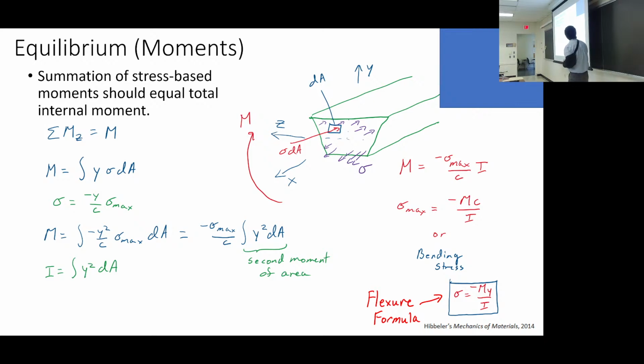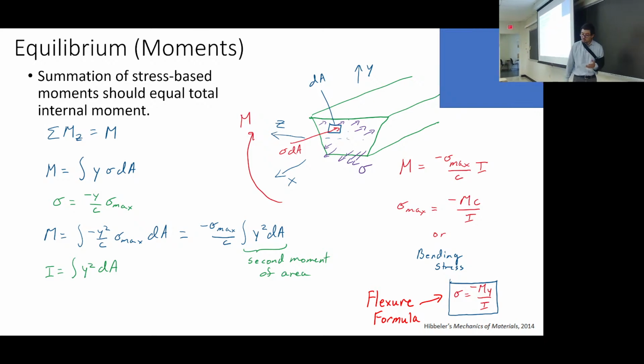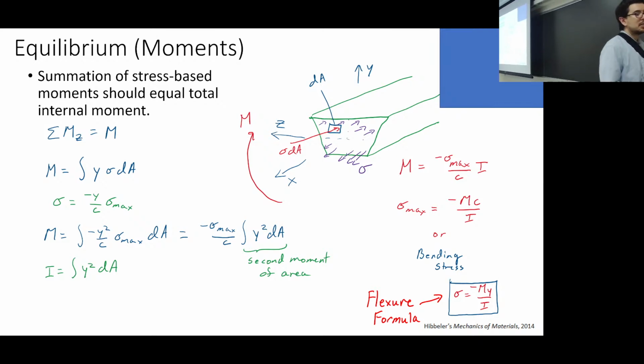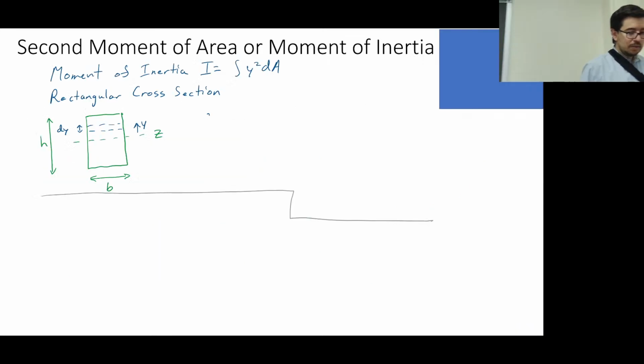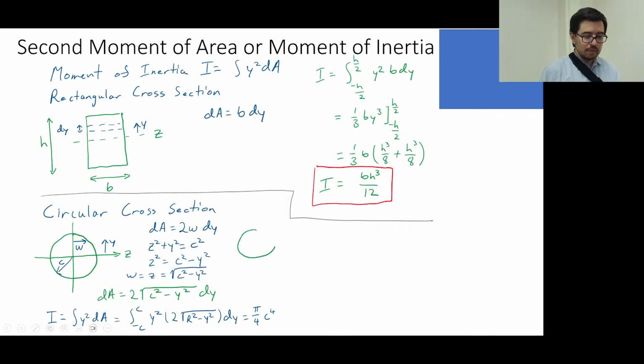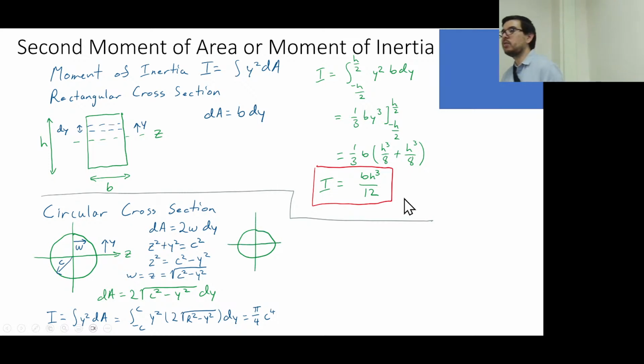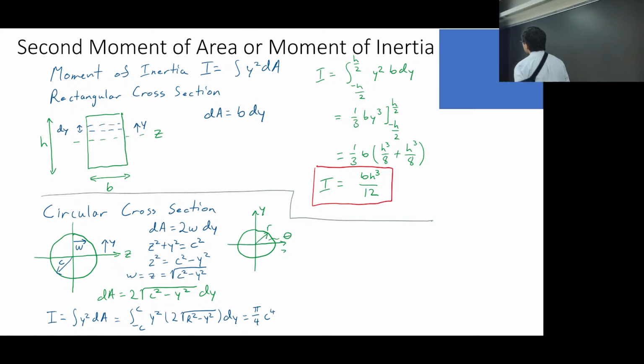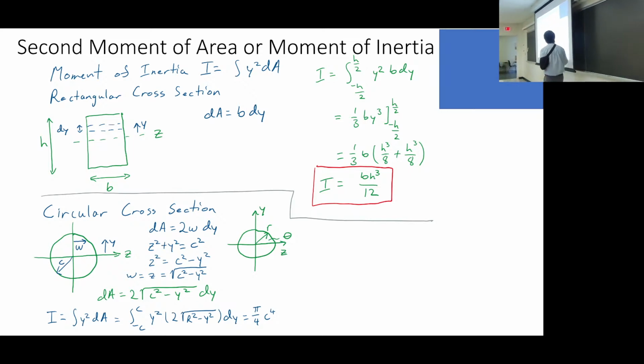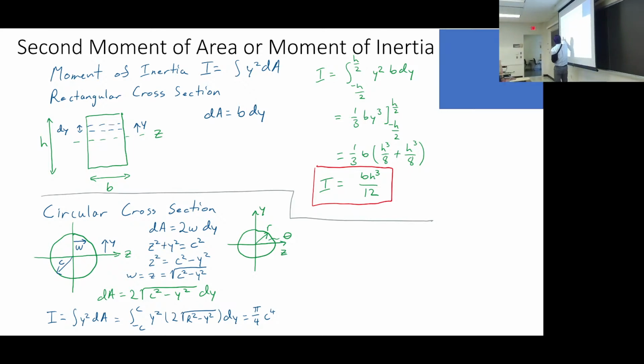You should also remember that if it's a rectangular cross section, you have this equation right here, b h cubed over 12. So if I know the width of the cross section and the height, then I can calculate what I is.